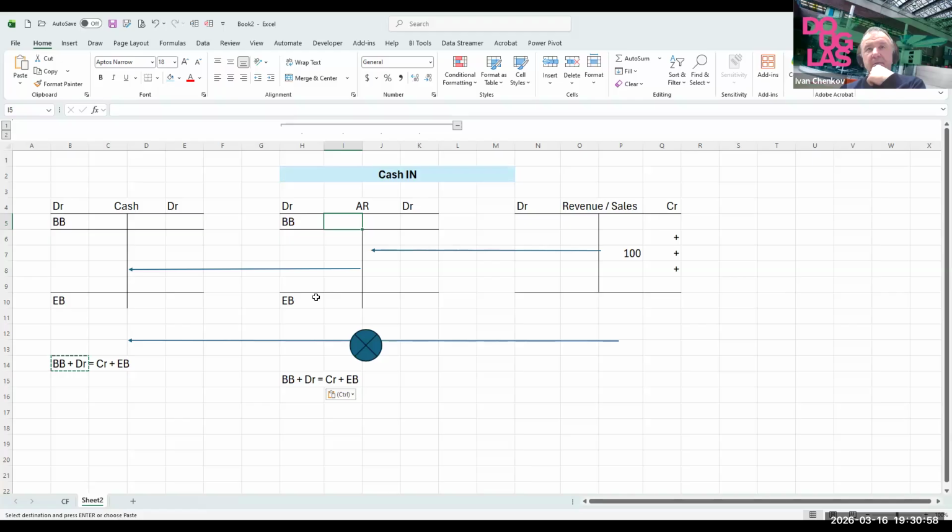So the question is, if my sales are $100, my accounts receivable beginning balance is zero, and my ending balance is also zero, how much cash have I collected?